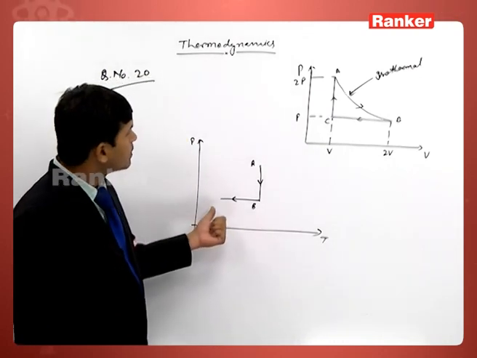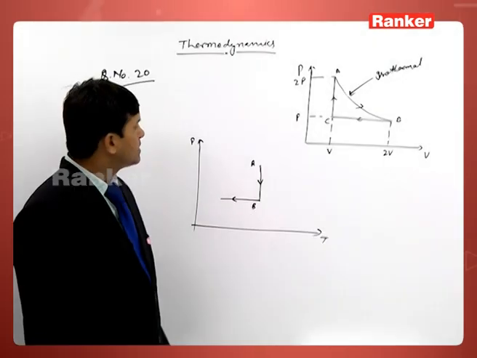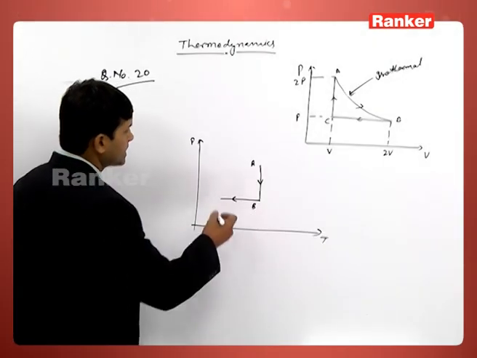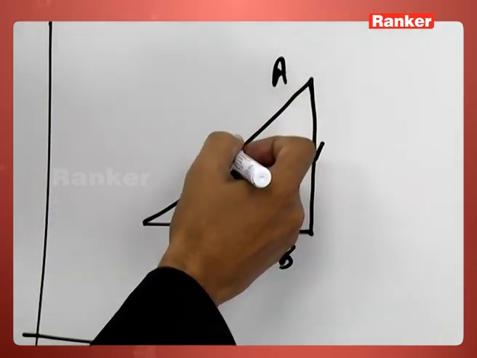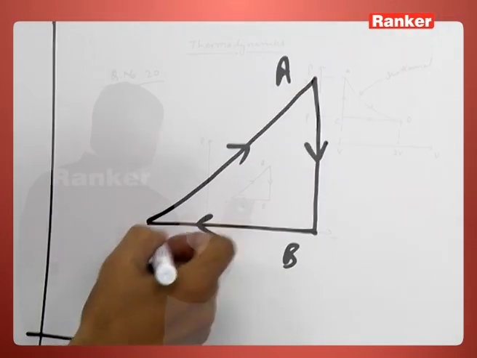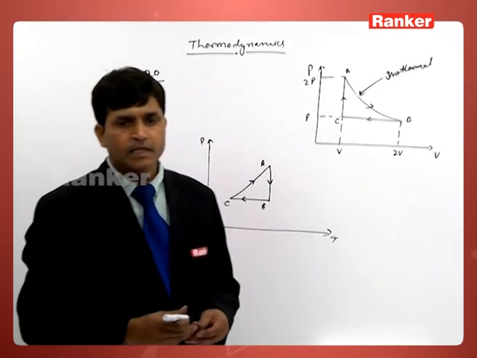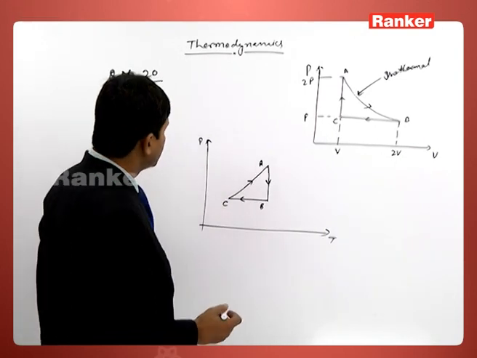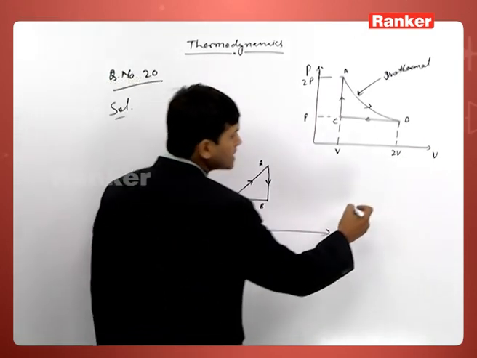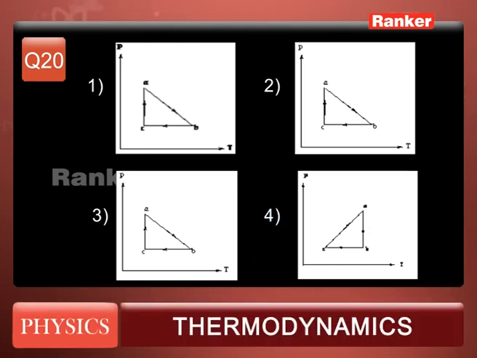If volume is constant and pressure is increasing, then temperature will also increase. So temperature increases like this straight line. So this is C. So this is our PT graph. As per the given graph, the fourth option matches with the given options. So the answer is the fourth option, the correct option.